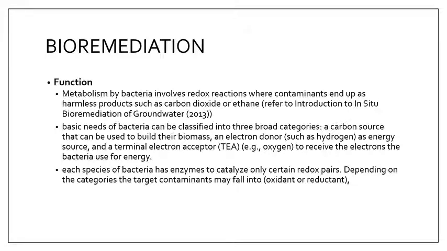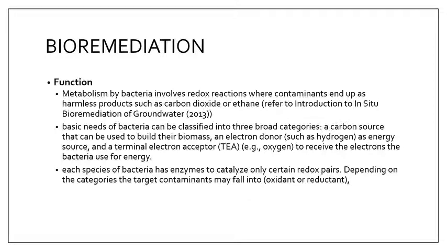All right. So note that each species of bacteria has enzymes to catalyze only certain redox pairs. So you have to be highly familiar with the redox reactions that are necessary to catalyze your contaminants. So you have to understand what type of redox reaction you need to occur.